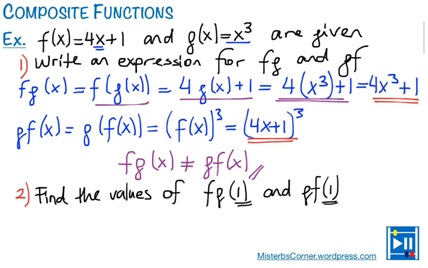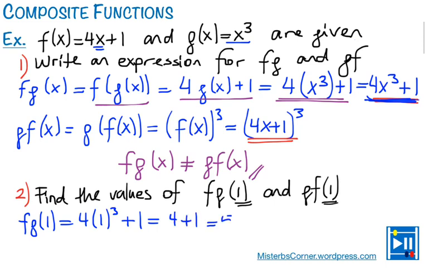This is true most of the time. Now, let's find the values. fg of 1 will be, well, my expression is here for fg, so it's going to be 4 times 1 cubed plus 1, so what we have is basically 4 plus 1 or 5. Again, you can directly write the substitution step, and then jump to the answer.